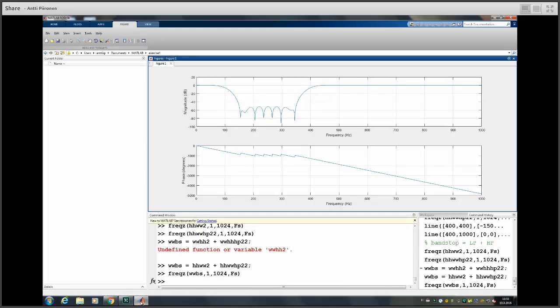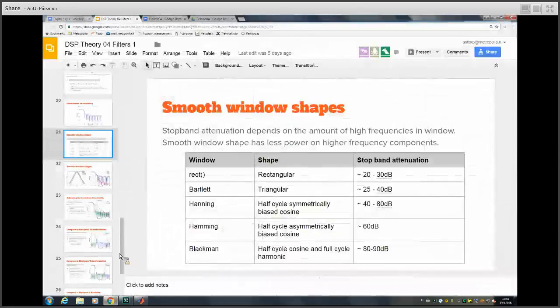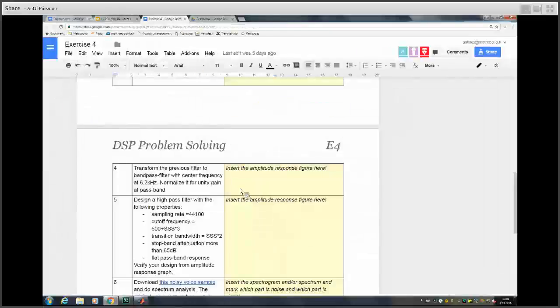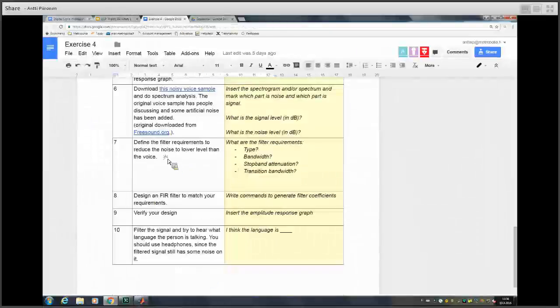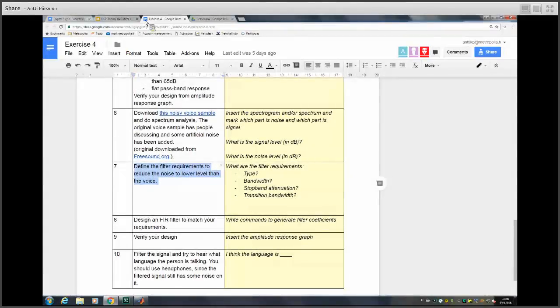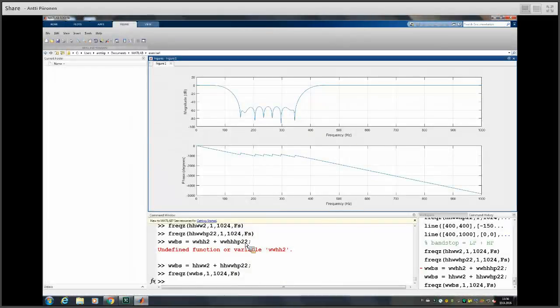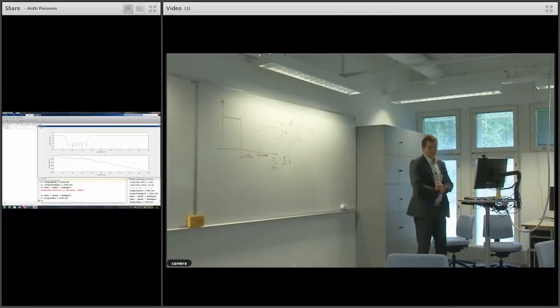Let me take a quick look at the exercise of today. Do I find there is no voice level and voice requirements? Okay. Basically the first half of this exercise is about making a filter by these requirements that I tell you.